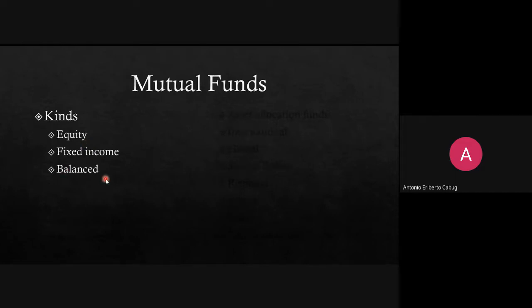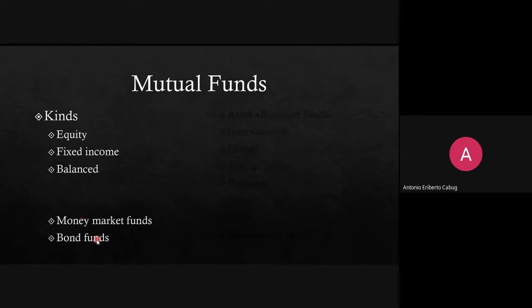Now, if we go into the specifics, the kinds of mutual funds would also include the following. Money market funds. Money market funds are those securities that are short-term, highly liquid. They can readily be sold anytime. Bond funds are long-term debt securities.